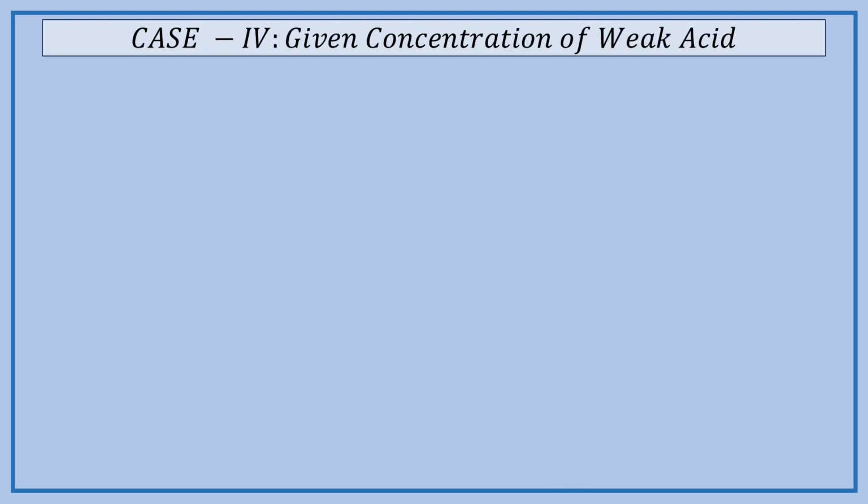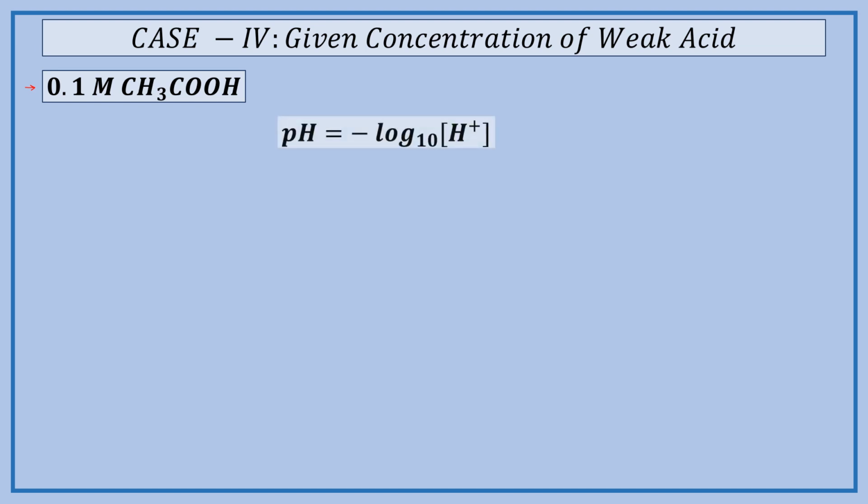Moving on to our next case, we are now given a weak acid, let us say acetic acid, whose concentration is 0.1 molar. We have to calculate its pH. The difference in the approach with a weak acid is that acetic acid or any weak acid does not undergo 100% dissociation.